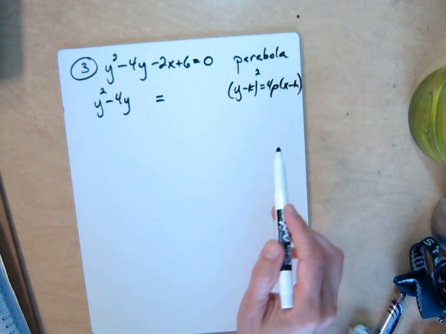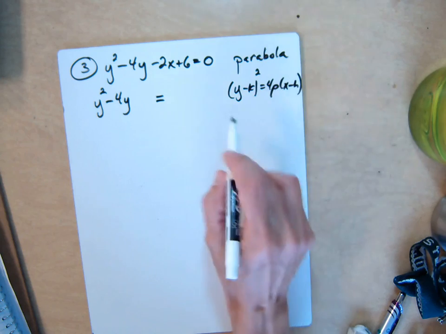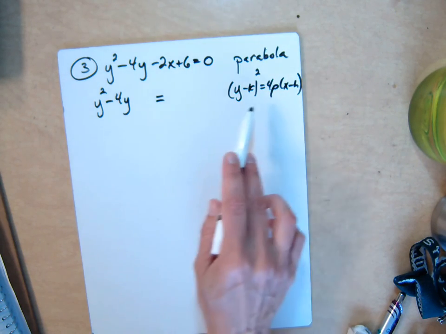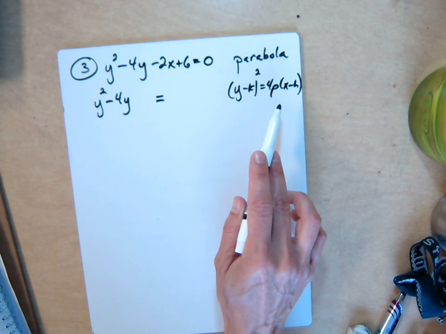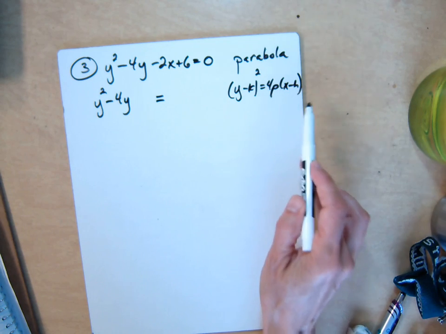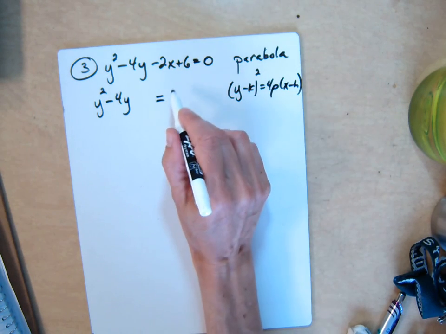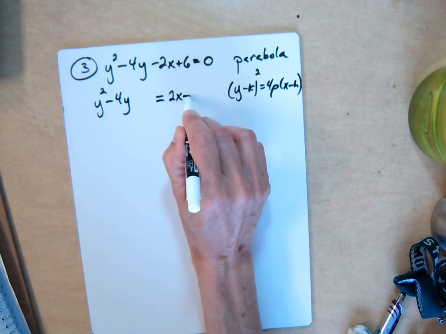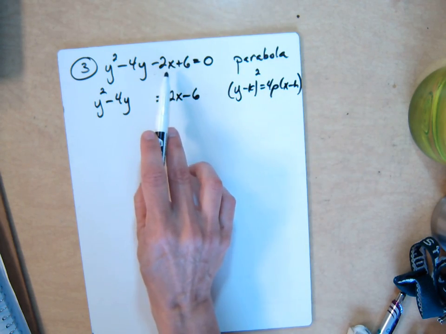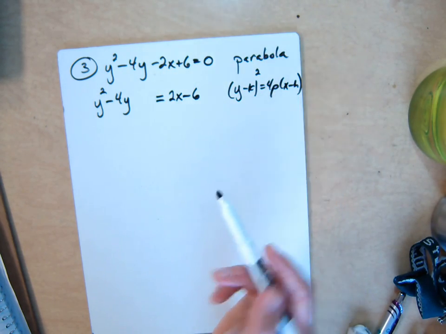You should be able to tell, look on your formula sheet, and you might want to write it down because that's what we're trying to get this into. So notice the x's are on the other side. So we're going to move everything else to the right side, 2x minus 6. Of course the signs change when you move it to the other side.